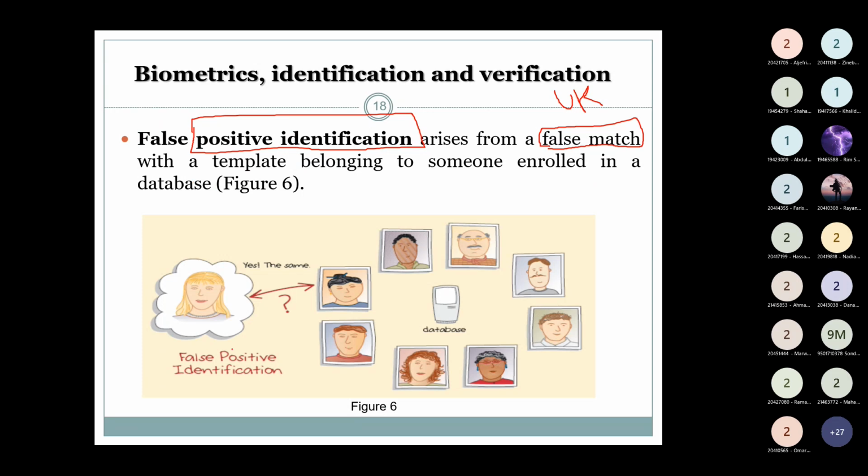You can see here, these people wish to be identified with this group. So this person is wrongly recognized as another person. So this is the false positive identification. This is the type of error that can occur.